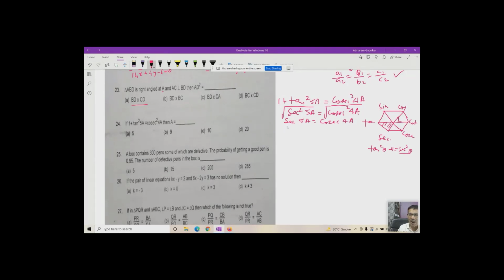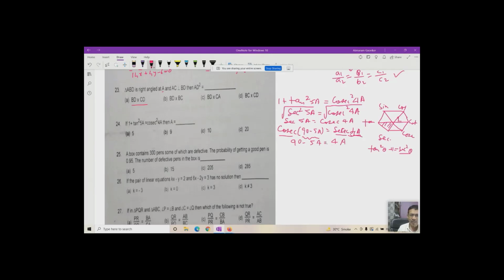So I will convert this sec into cosec of 90 minus 5a, that is equal to cosec of 4a. Now this is also cosec, this is also cosec. So therefore angle inside these are equal. So I will write 90 minus 5a is equal to 4a.